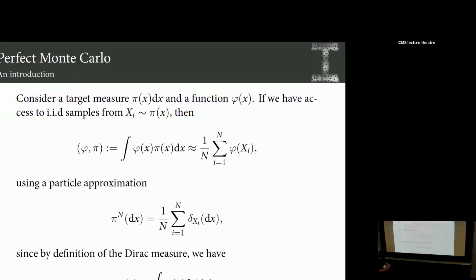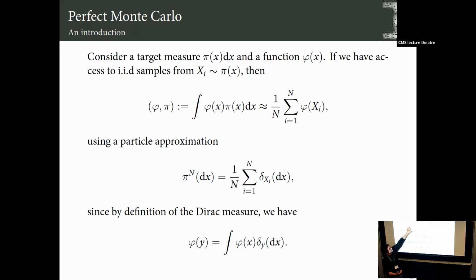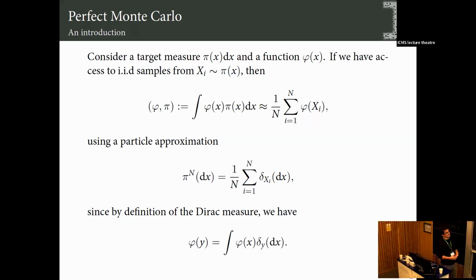Monte Carlo approximations typically go hand in hand with this sort of expectation computation. This is the notation for the integral; you can think of it like an inner product, an integral of phi against pi. Let's say I want to compute this integral. It is not a given that you can compute it for any phi, even if you know this is a Gaussian. This is another problem I didn't go into. Even if your density is a Gaussian, you can't compute it for any phi.